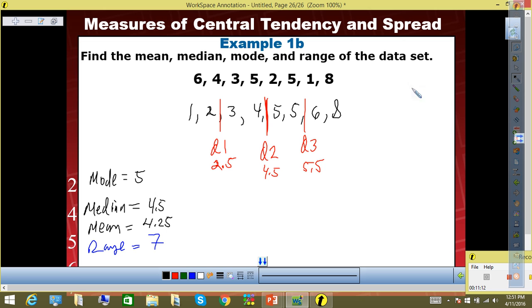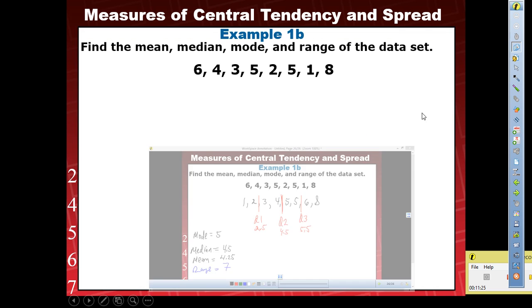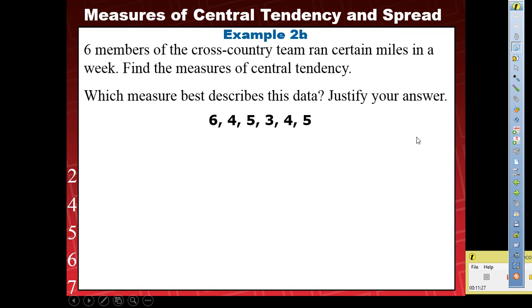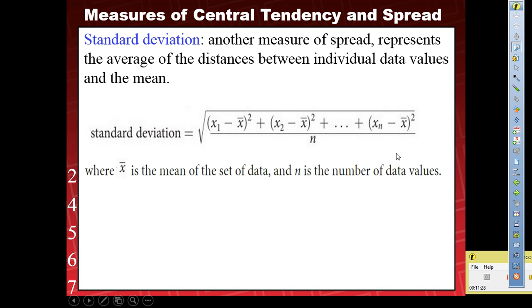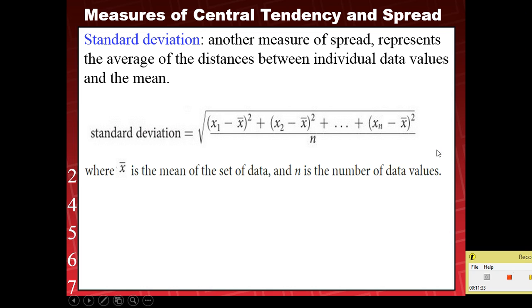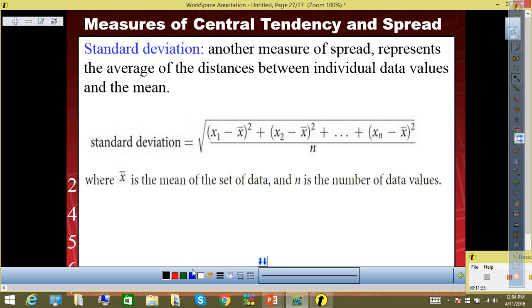Okay, let's move on to funner stuff. So, today we're going to cover something that we call standard deviation. What's it called? Let me show you the symbol for that. Look up, please. The symbol for standard deviation is like this. They use like a 0, but with a little hat, like this.